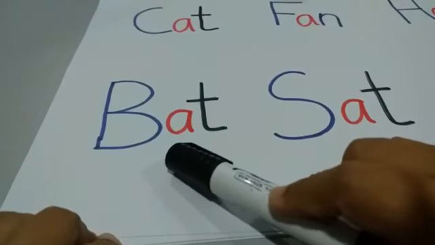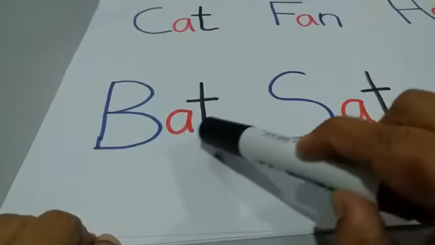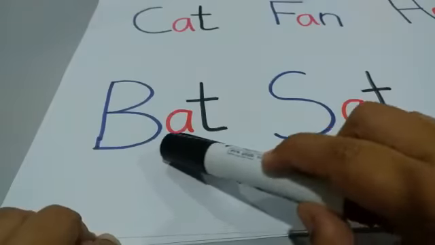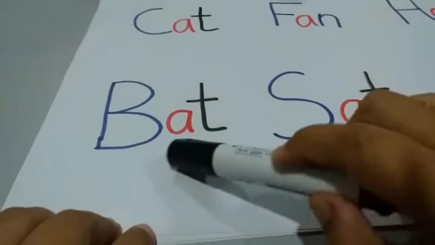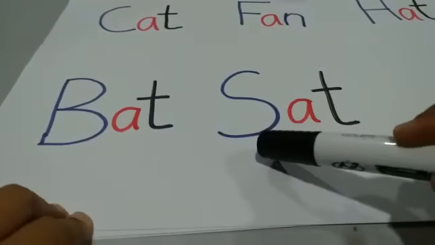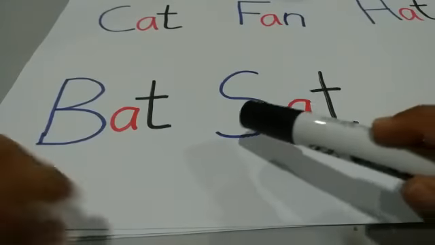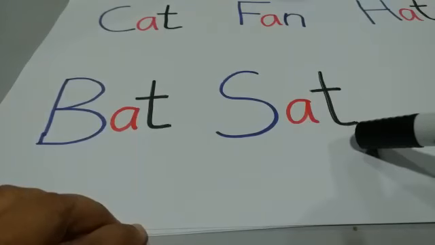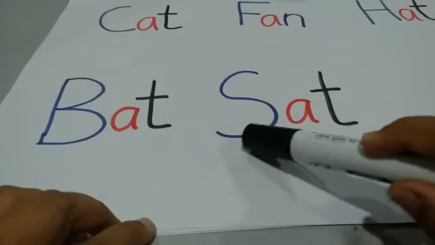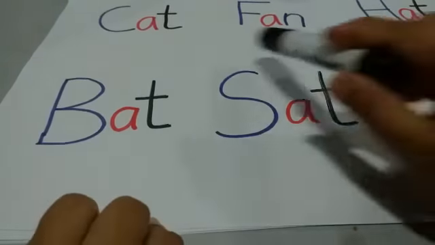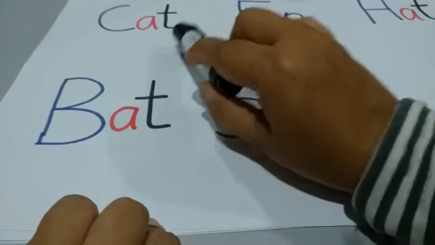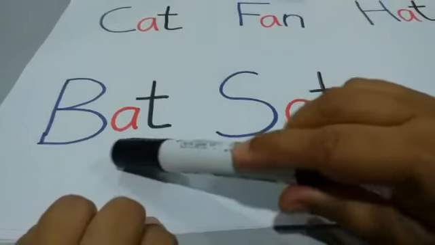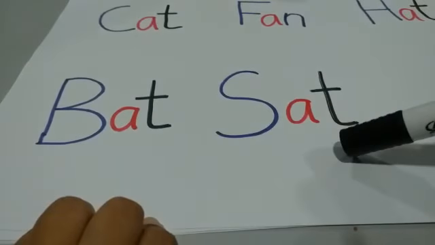BA is bat, bat. Next one is SA. SA is sat, sat. Okay, let us all read together. Cat, fan, hat, bat, sat.